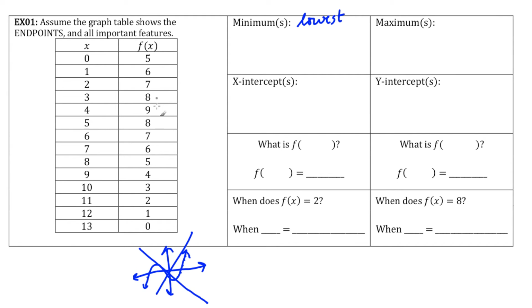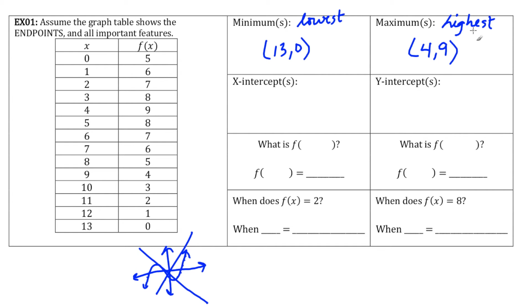So 5 all the way up to 9, all the way back down to 0. So the lowest is 13, 0. The highest, the maximum, goes up to 9, so 4, 9.